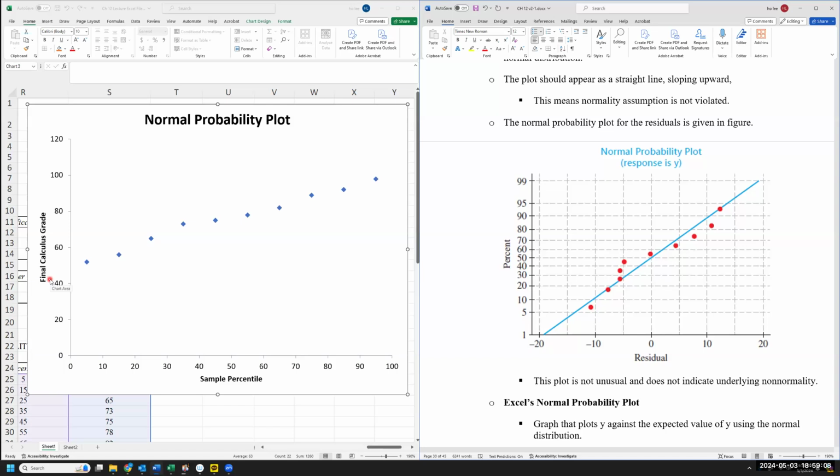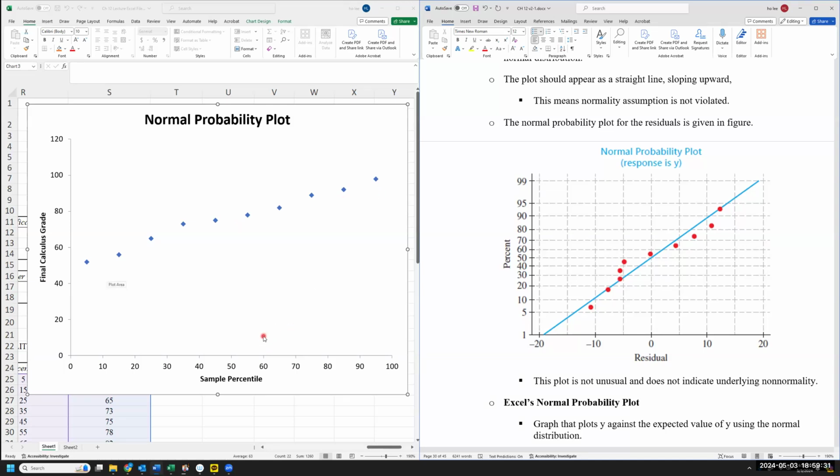It's the same information, kind of flipped, and the goal is the same. Look at the picture. Does it all fit on a straight line and upward sloping? It does. Good enough. Let's move on.